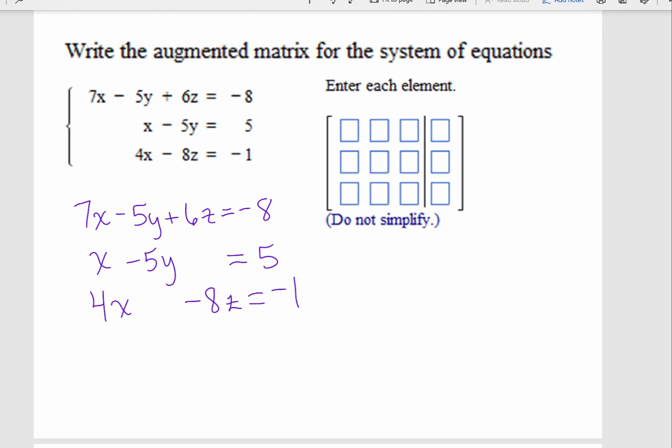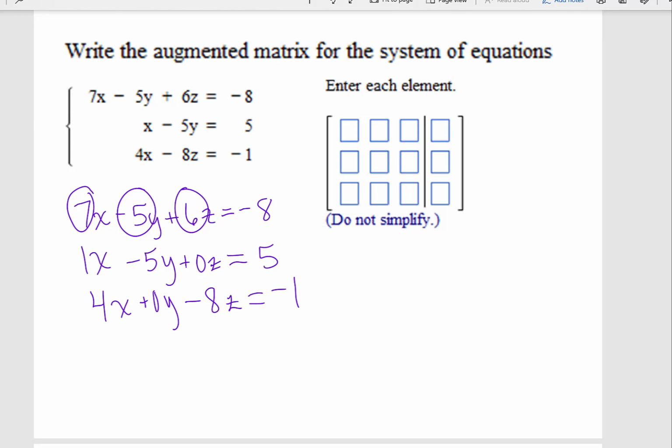So when I go to write this in, I'm going to write in the coefficients. So here, that would be 1 for x, and for z, since I don't have one, it would be 0, right? And then same thing here for y, it would be 0.